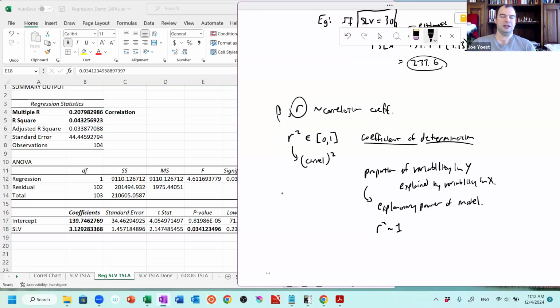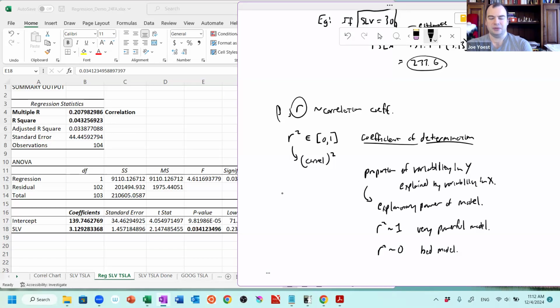If I know the value for X, I can very accurately predict the value of Y. R squared near 1, very powerful model. It's allowing me to predict Y very well on the basis of knowledge about X. R squared near 0, not at all powerful. It's a bad model. If I know something about X, that essentially tells me nothing about Y.